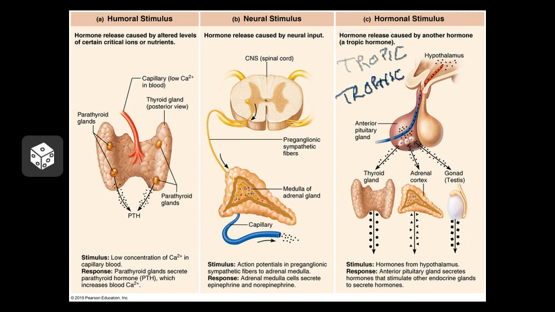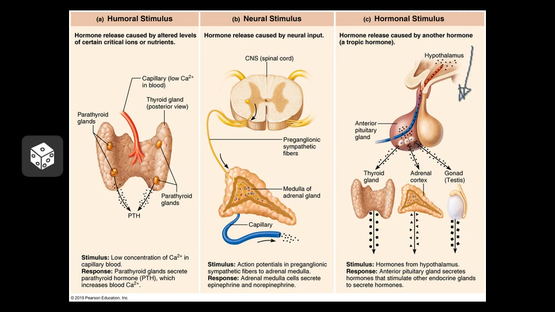So the word is tropic, not tropical. We're not going to the Bahamas on this trip. But this illustration here is something we will again look at in more detail later in this chapter.